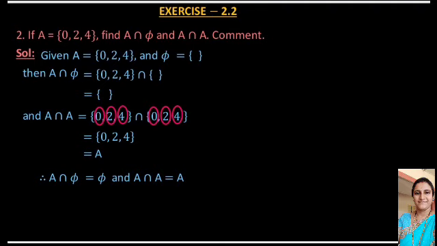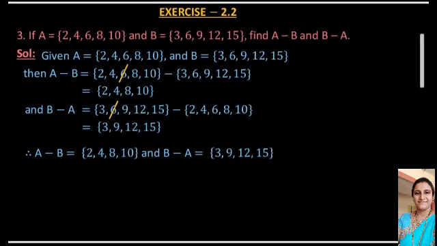Next question. If A is equal to the set {2, 4, 6, 8, 10} and B is equal to the set {3, 6, 9, 12, 15}, find A minus B and B minus A. In the previous class we discussed the difference of sets, so you all know how to find it.